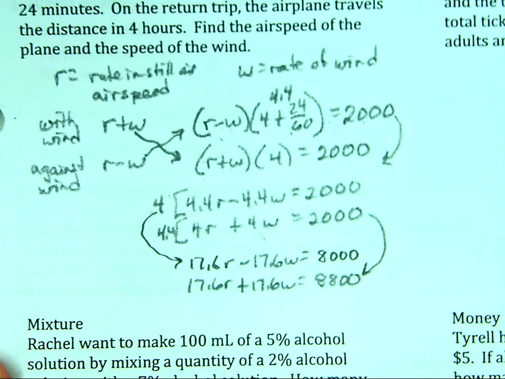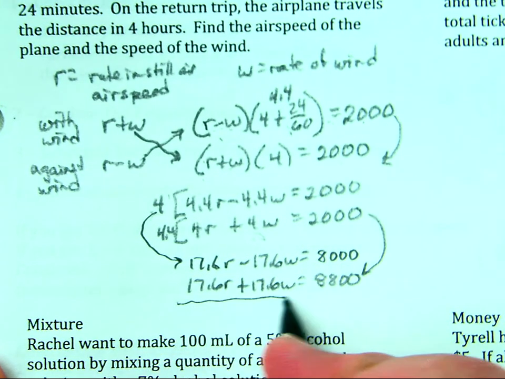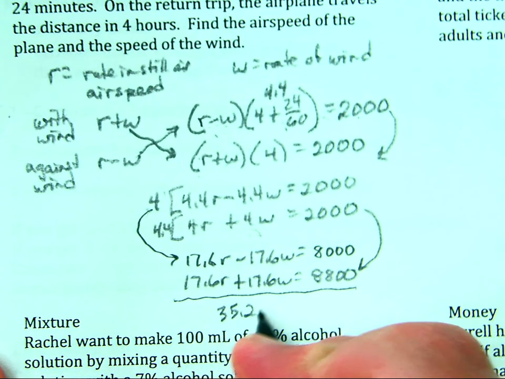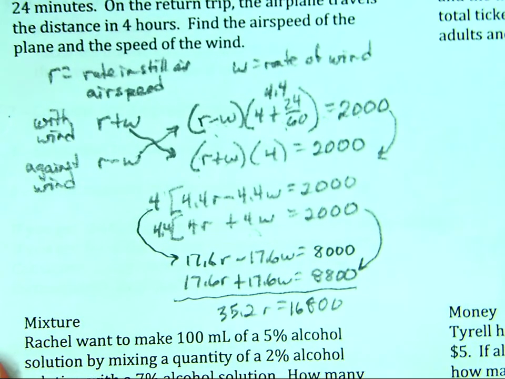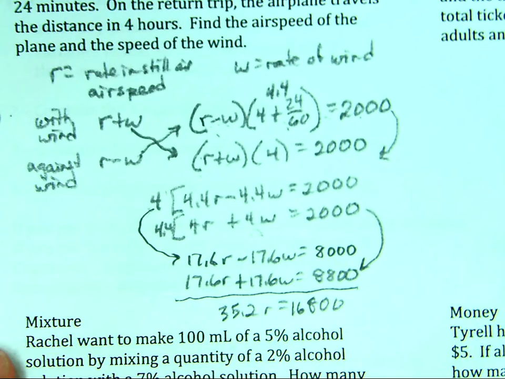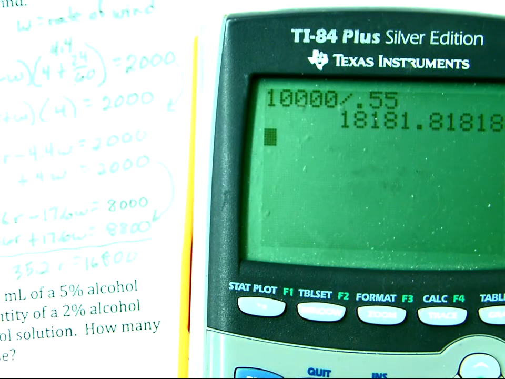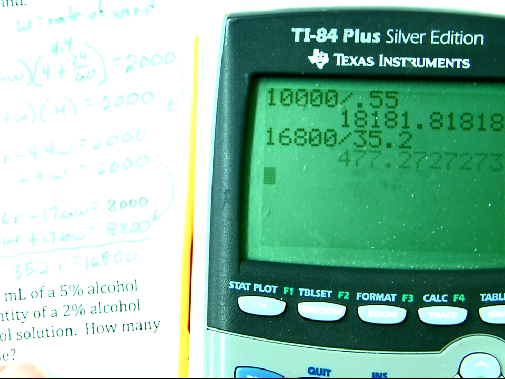So we cross multiply because now notice my W's will cancel out. So if we add, that'd be 35.2R equals 16,800. So do we divide? With our calculator, we take 16,800 divided by 35.2.